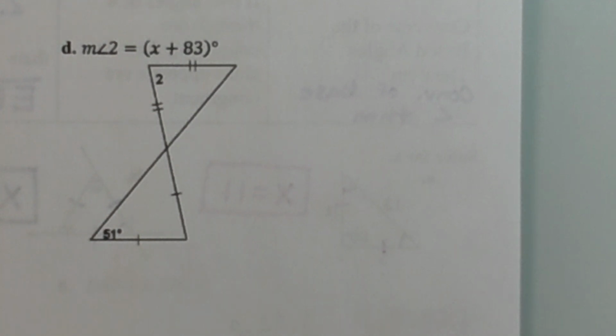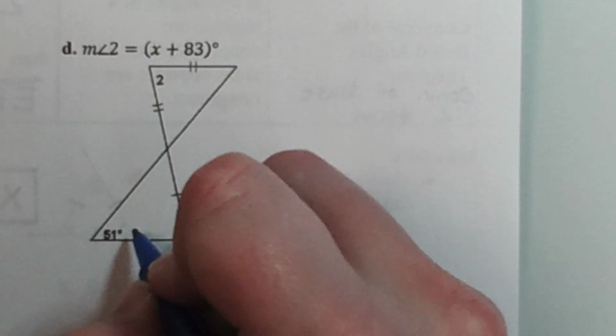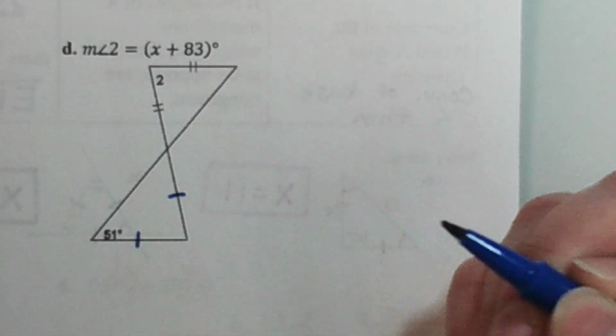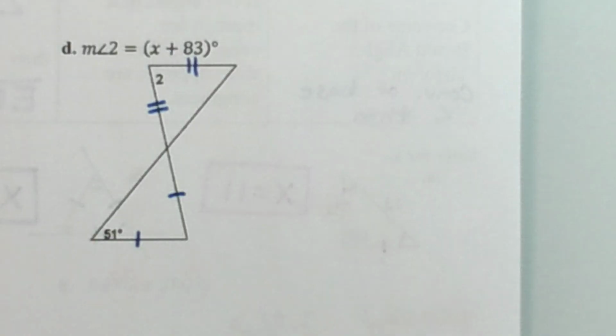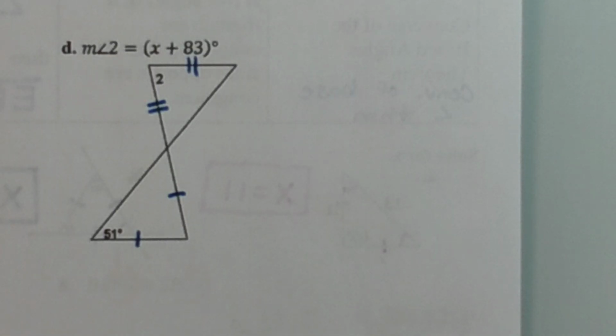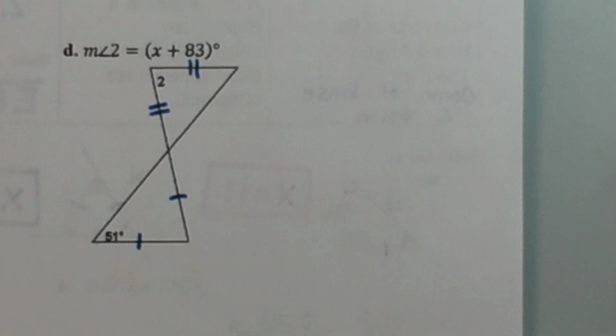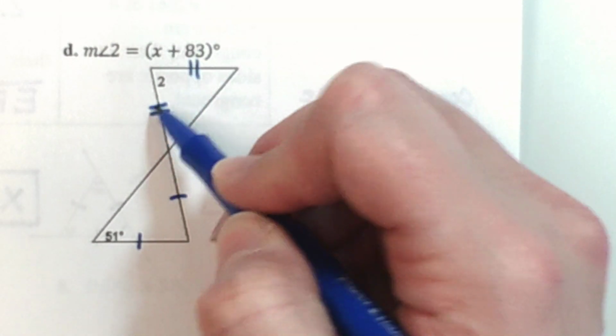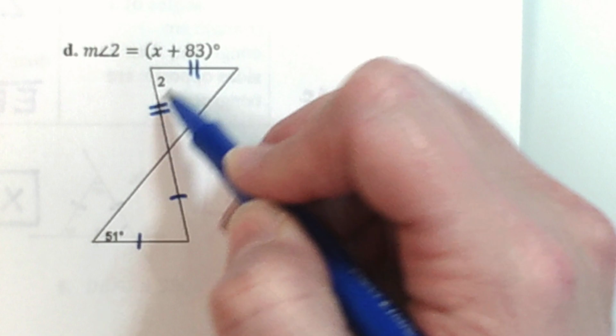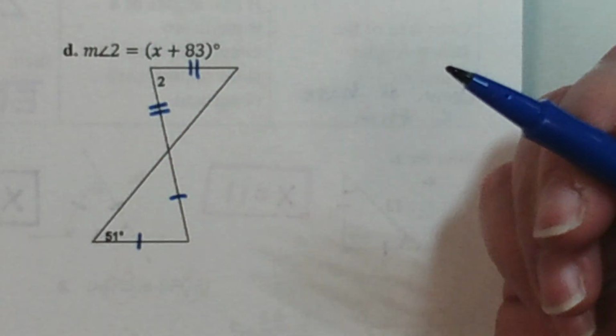There are two isosceles triangles here, because those are congruent, and these are congruent. Two congruent sides meets two congruent angles. These two sides are congruent. Which two angles?